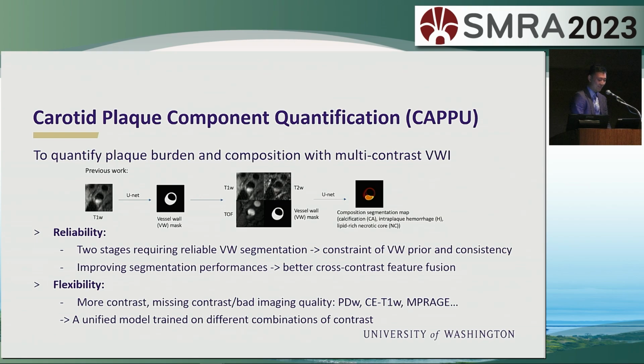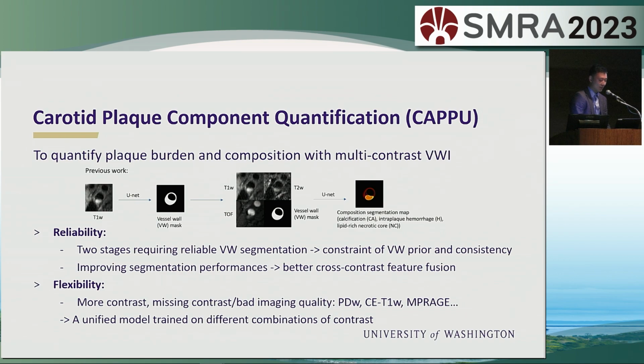Besides T1, T2, and TOF, which are normal, widely used contrasts, there are also proton density weighted, contrast-enhanced T1 weighted, and MP-RAGE. Sometimes the contrast-enhanced T1 weighted image may not be available during the clinical scan because patients have issues with the contrast ingredient, and the MP-RAGE image quality can sometimes be quite bad.